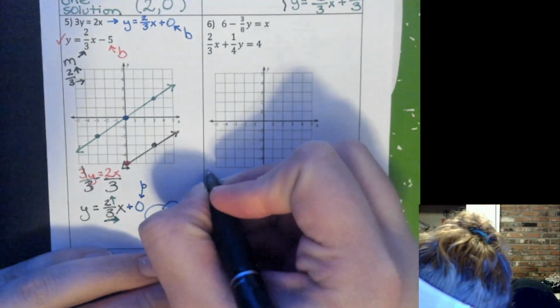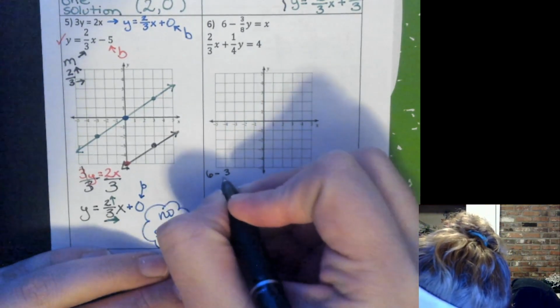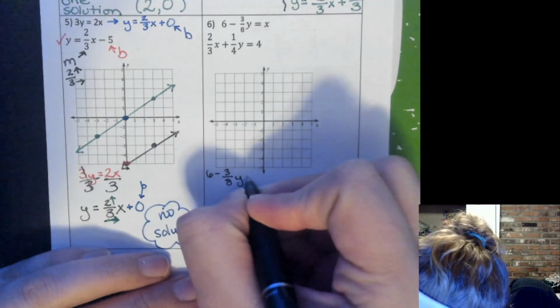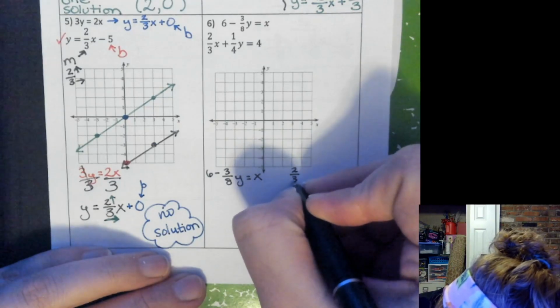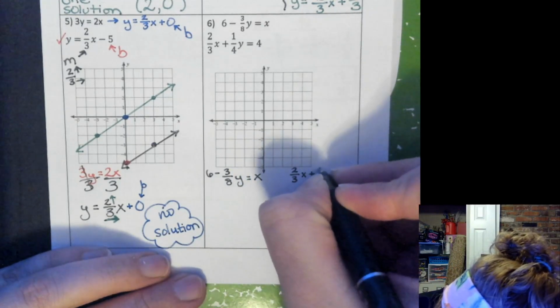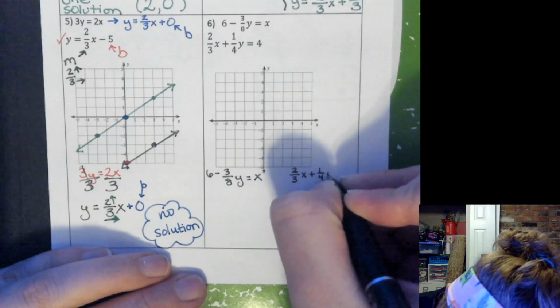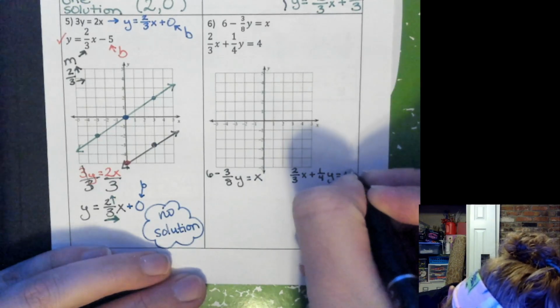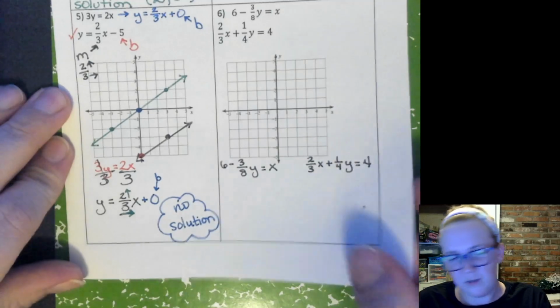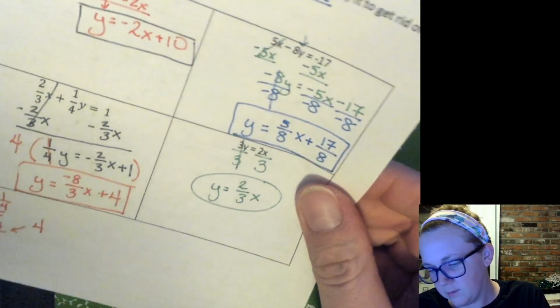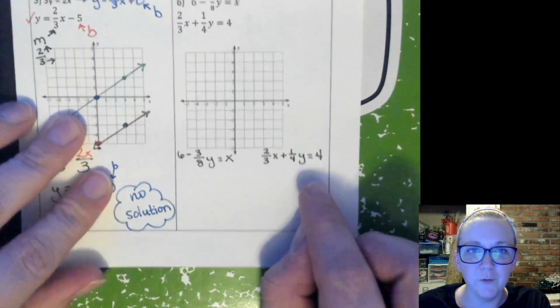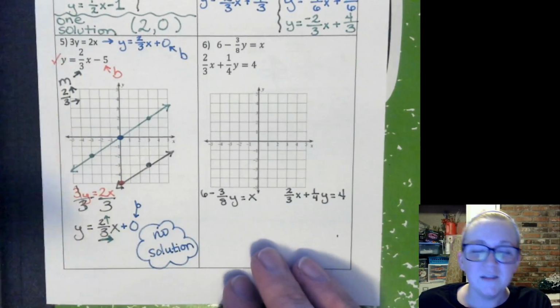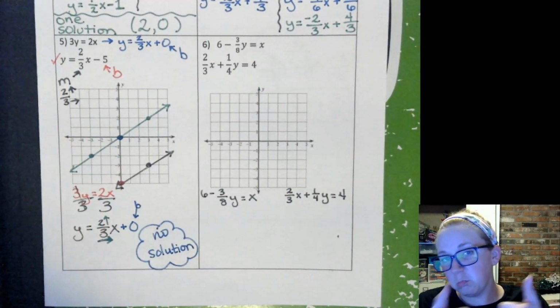Write them down. x minus 3y equals... wait a second. Ah, I thought this one was the same one that we just did, but this one equals 1 and this one equals 4. Dang. And we still kind of know what to do, so that's a plus.